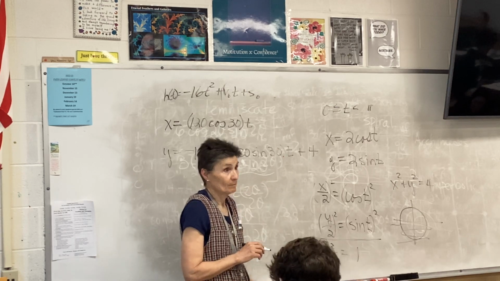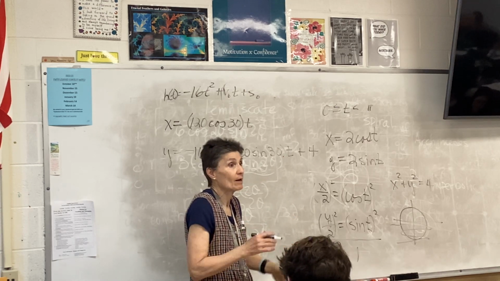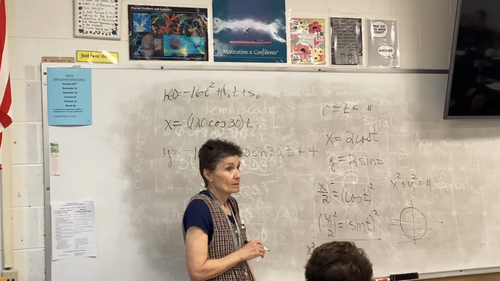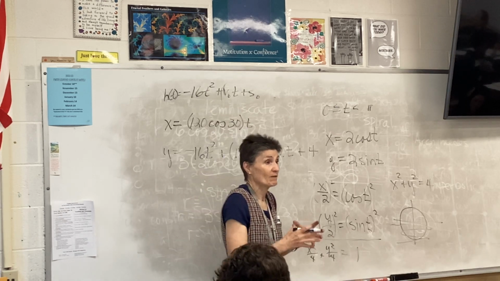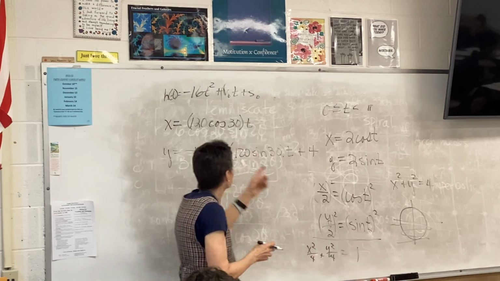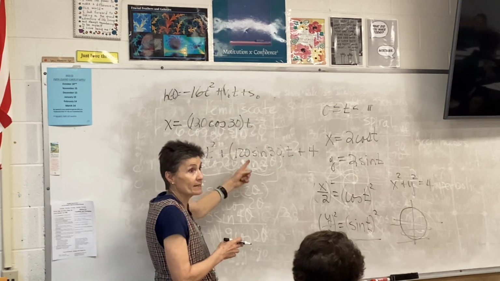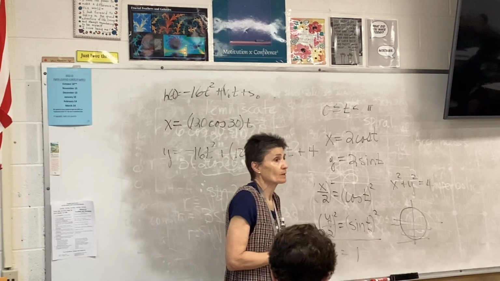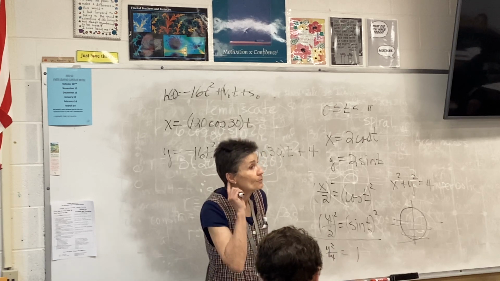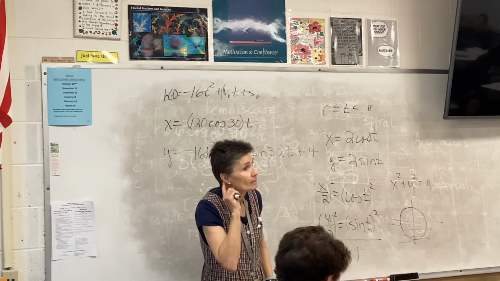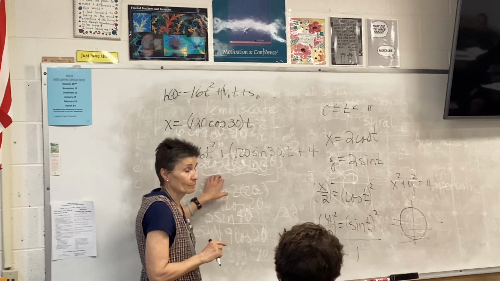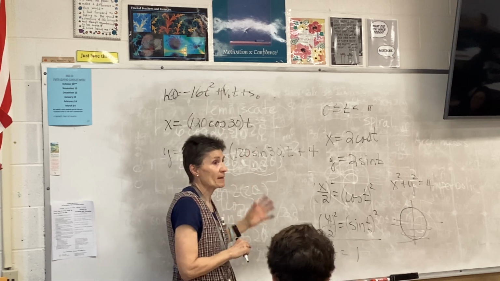This is at an angle, and that angle has to be accounted for. So you're looking for the components of the velocity vector. The components of the velocity vector are right here. And together they make the parabola.